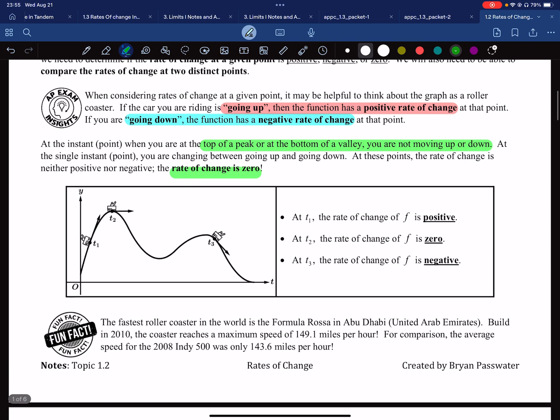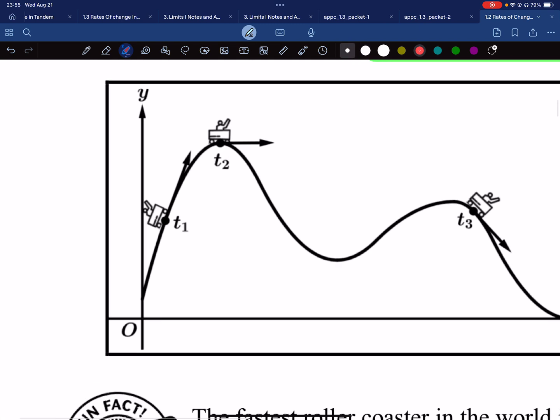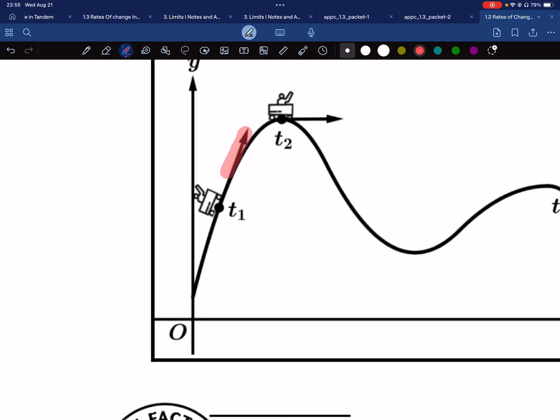We have this little roller coaster graph to help us visualize what's happening. First off, we have our positive rate of change, and that would be right here at T1. This represents a positive rate of change. This part of the roller coaster is where it's going up.